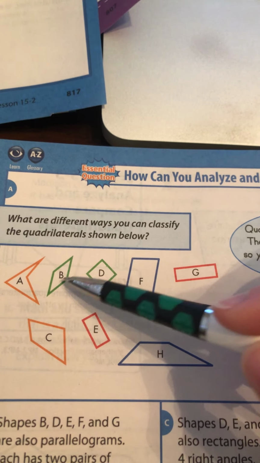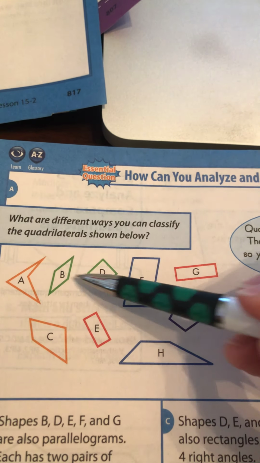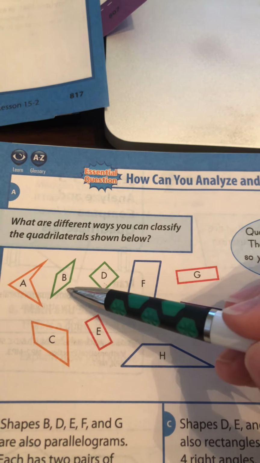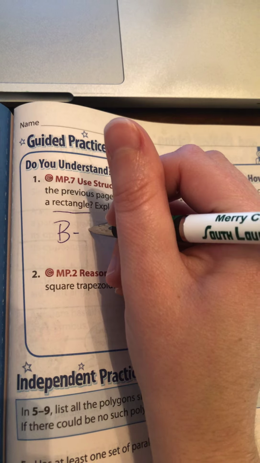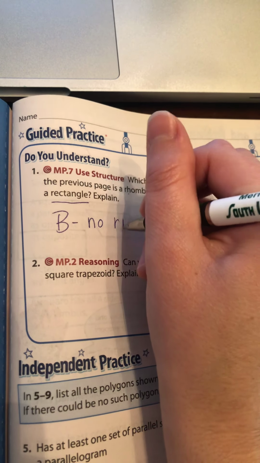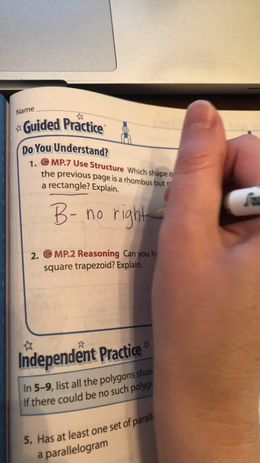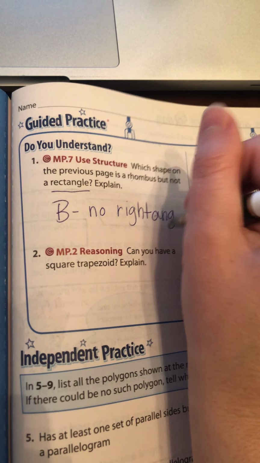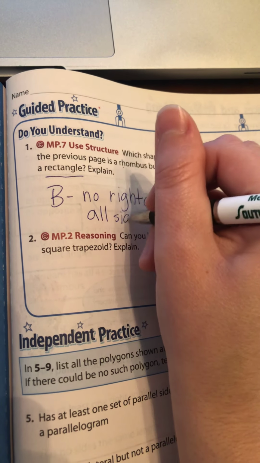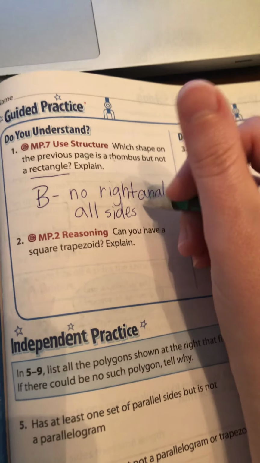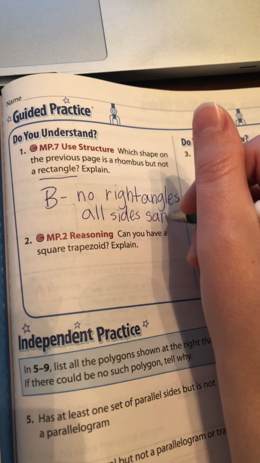Well, these two green ones we said were rhombuses, and this was a square, and this was the true rhombus. Okay, so we're going to say B because it has no right angles, but all sides are the same. Same length when I say same.